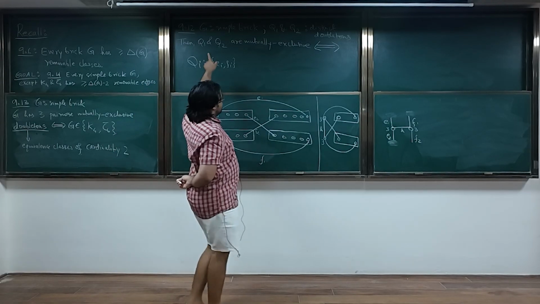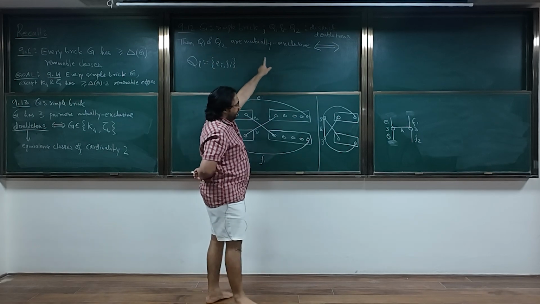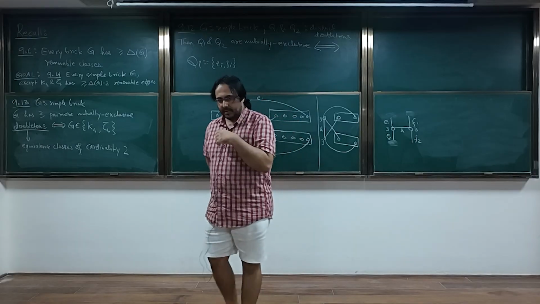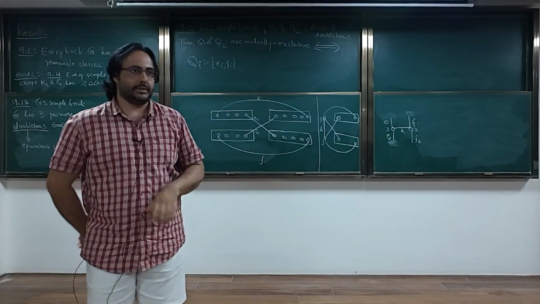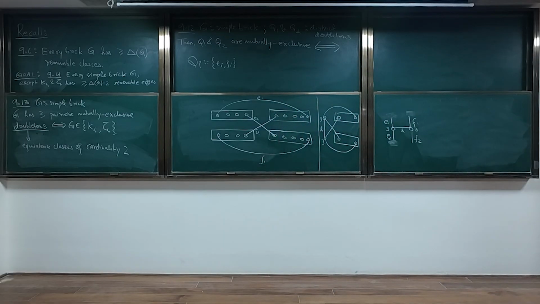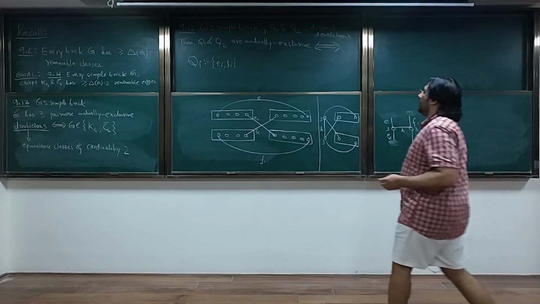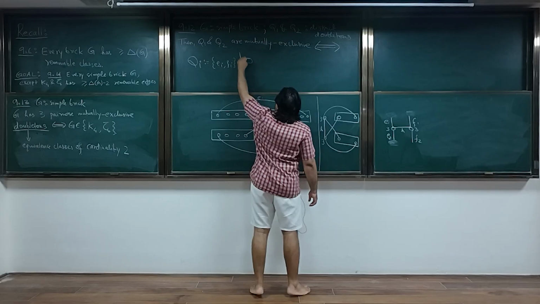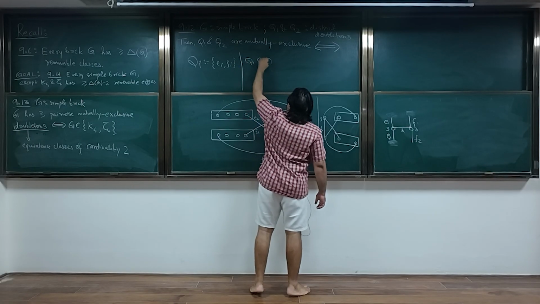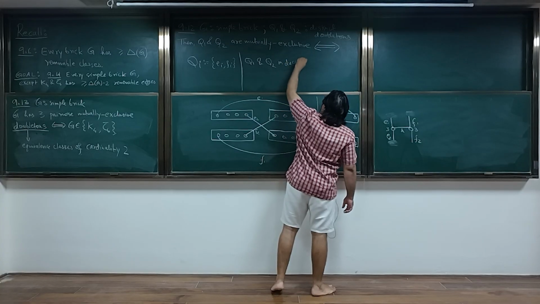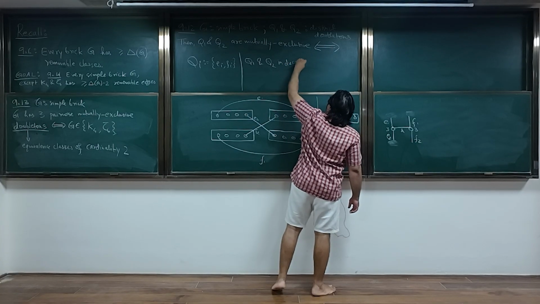So the point is that if they are mutually exclusive, then they must induce, this is the terminology they use, an H configuration. And of course, if they induce an H configuration, then they are mutually exclusive. So therefore it is if and only if. They are mutually exclusive if and only if Q1 and Q2 induce an H configuration.